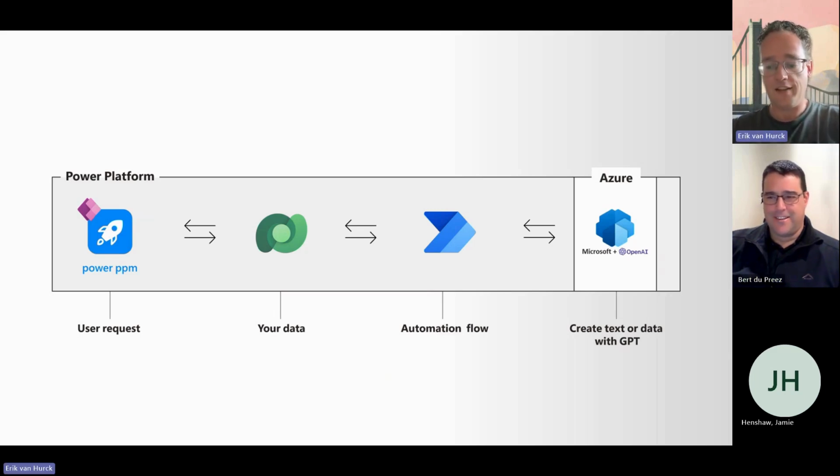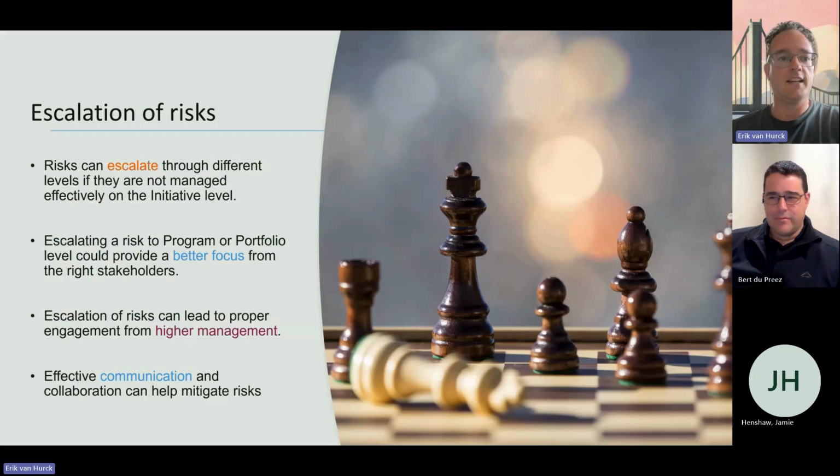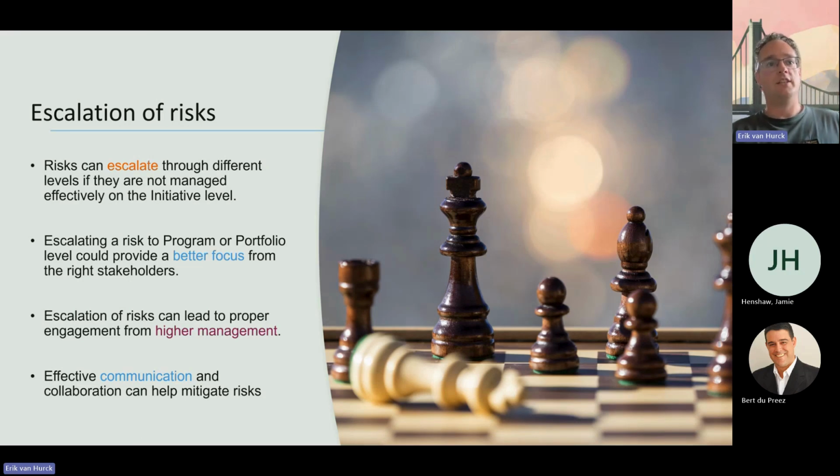All right, so let's have a look at our next demonstration. Let's prepare that a little bit, because I was talking about escalation of risks. We're going to look at mitigation as well as issues. So the first thing here is escalation of risks. What you have seen is probability and impact, but some of these risks might be so impactful that they're not going to impact only that project, but the organization as a whole.